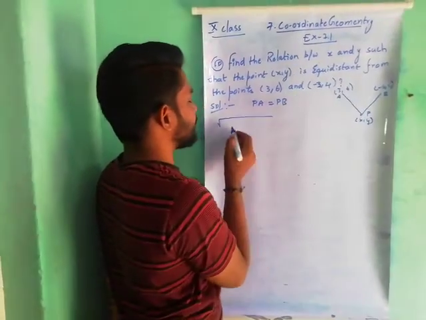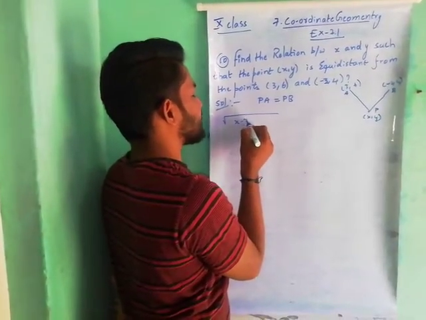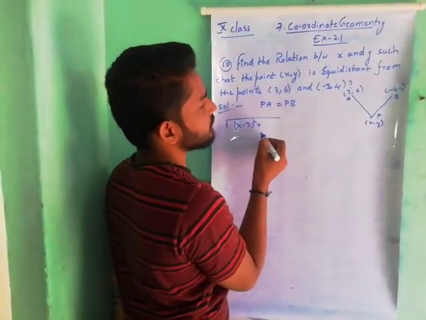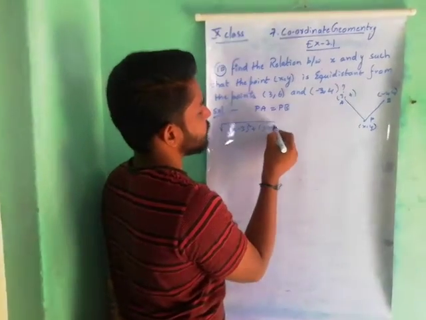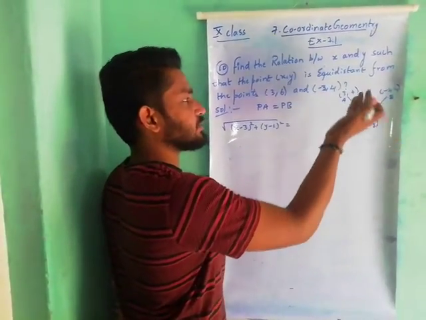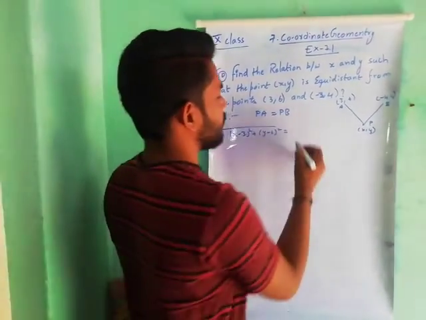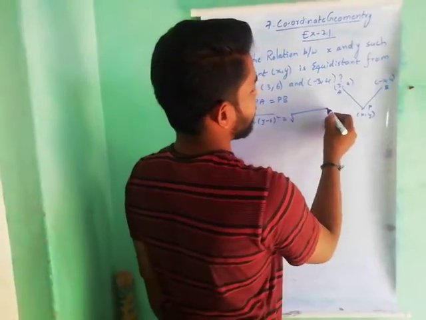Here X coordinate difference I am taking from x1, x2. X minus 3 whole square plus Y minus 6 whole square. If it is possible, you have to write it as 3 minus x whole square plus 6 minus y whole square. Your wish.